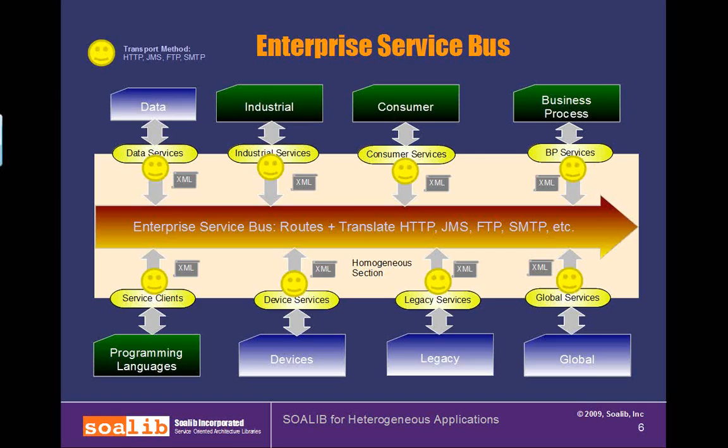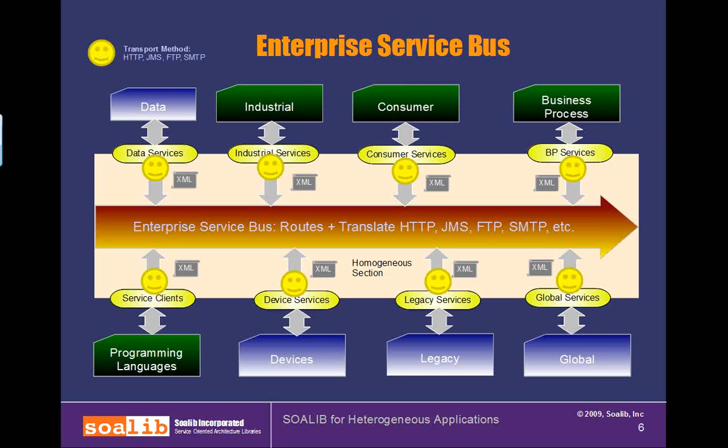You can think of the Enterprise Service Bus as a kind of router and translator. It takes those XML documents that are fed by different processes or entities, as you can see at the top and the bottom side.